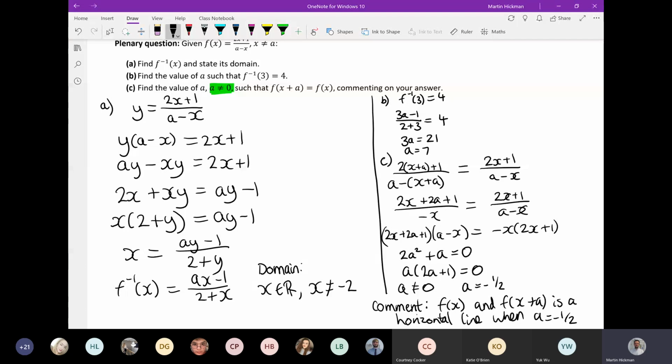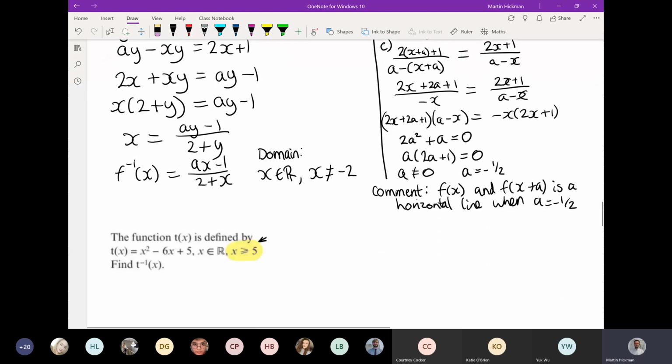The reason for that is, if you have a function like this, and then you apply a transformation f of x plus a, in this case a is negative, so it would move to the right, you're going to get a different value of y for a given x. But if it's just a horizontal line, even if you translate that to the right, you're still going to get the same value of y. So that's why it would be a horizontal line.